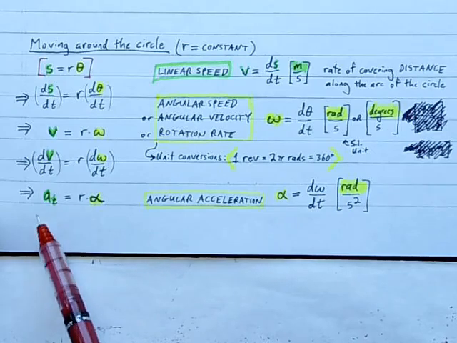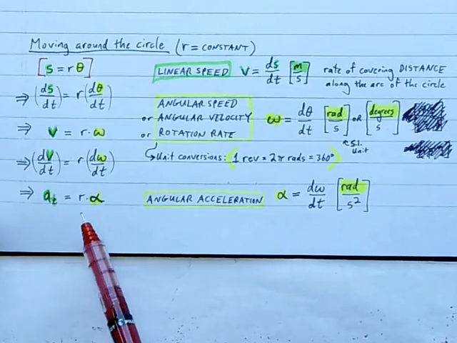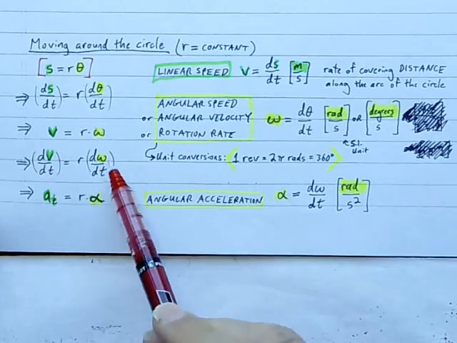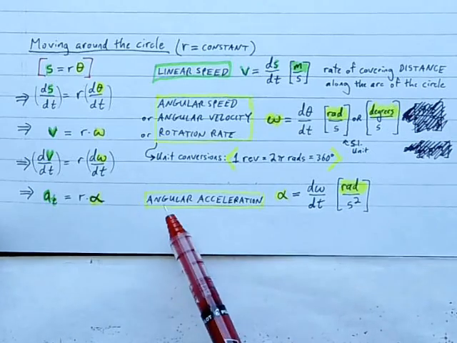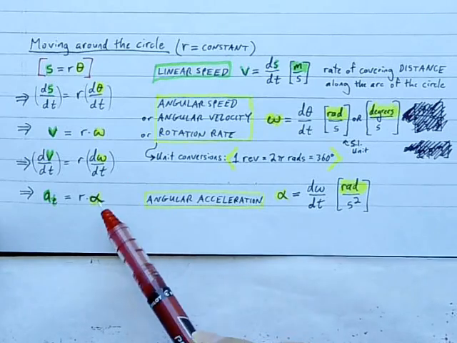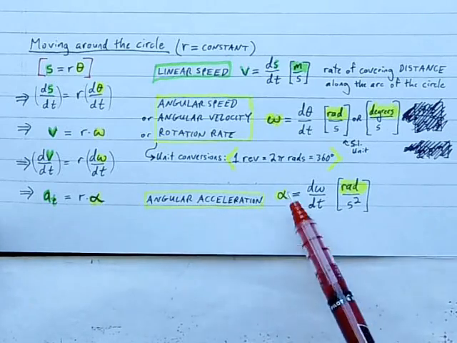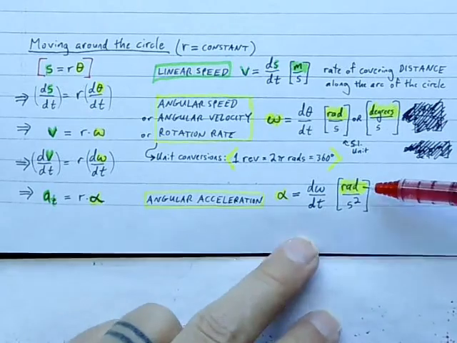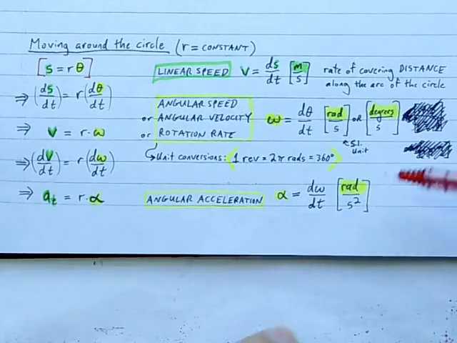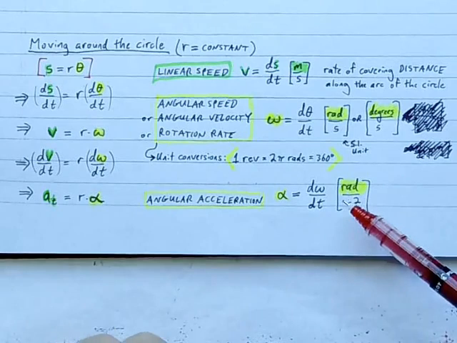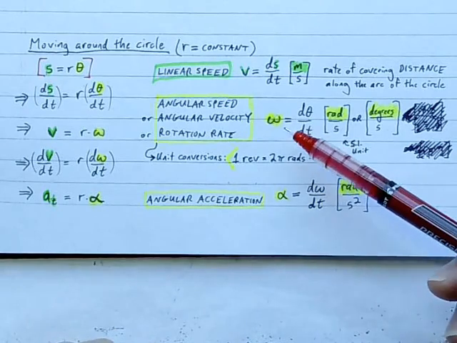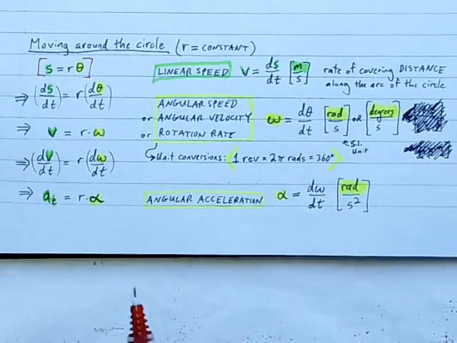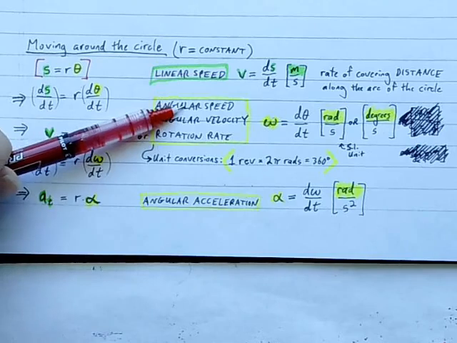That equals r times this quantity, d omega/dt, which we define as your angular acceleration, alpha, the Greek letter alpha there. So alpha is d omega/dt, in radians per second squared. This is the instantaneous rate at which omega is changing, the rate at which your angular speed is increasing or decreasing.